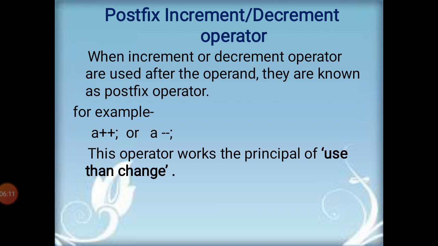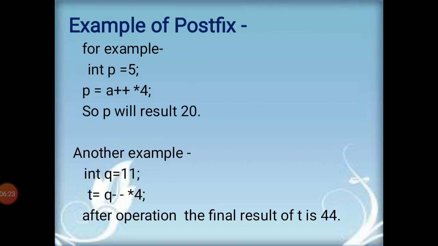Here, use then change. First use the value and then change it. It means first it uses the value of the operand in evaluating the expression and then changes the value of the operand. For example, int a is equal to 5, and then the expression is p is equal to a plus plus into 4.